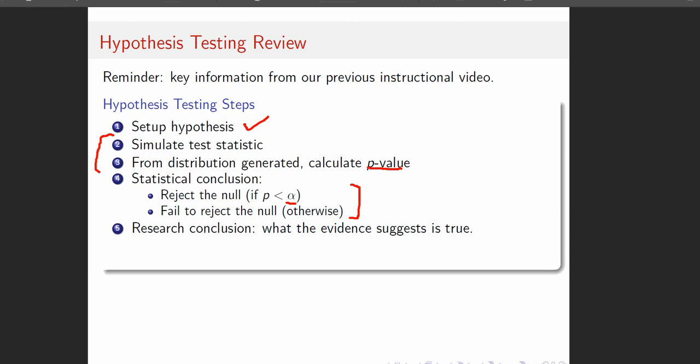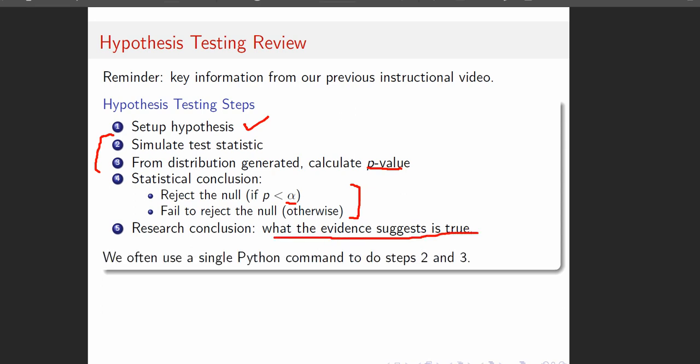And so if p is less than 0.05, we're going to reject the null, which means we have evidence for the alternative. And if p is greater than or equal to alpha, we're going to fail to reject the null, which means we have no evidence the null is incorrect. This is not quite the same thing as saying that we have evidence for the null, but it's sort of how it works. The correct thing to say is that we have no evidence the null is false. Okay, and then we want to specify our research conclusion, what the evidence suggests is true, okay?